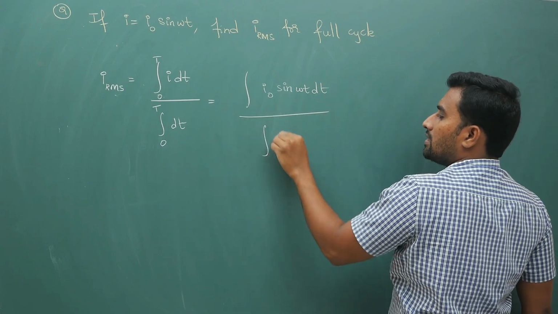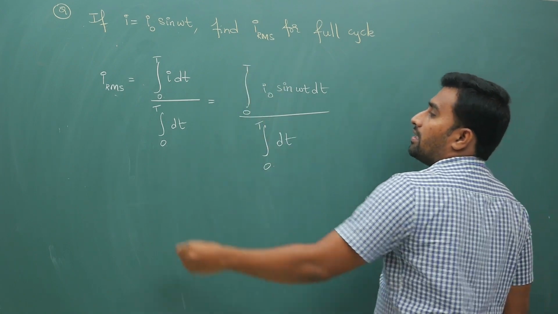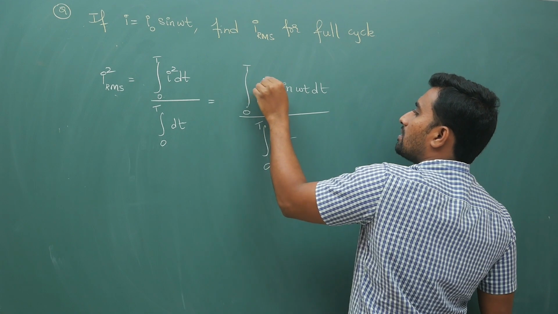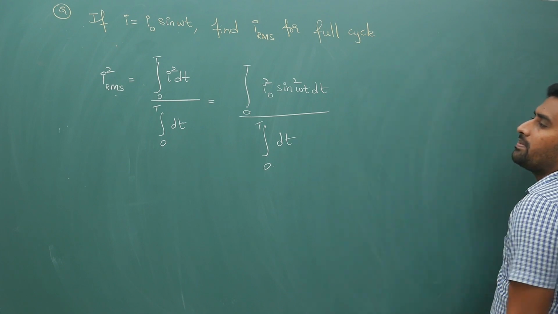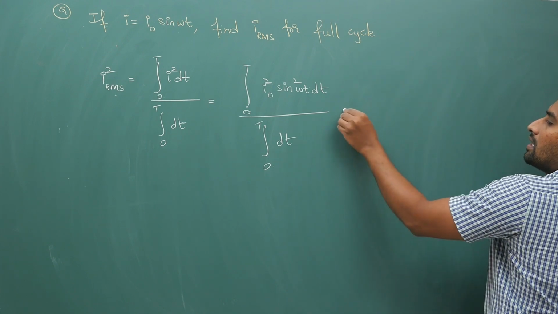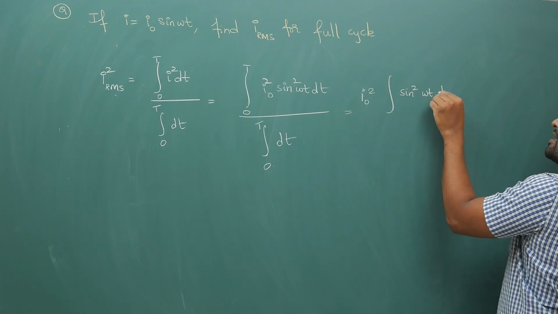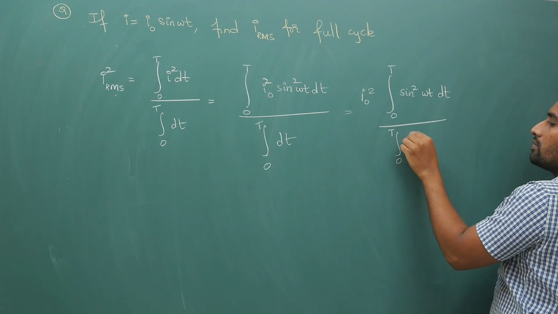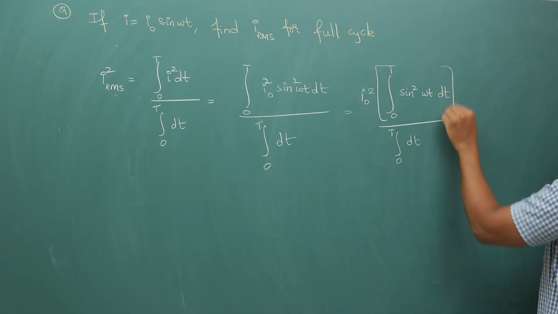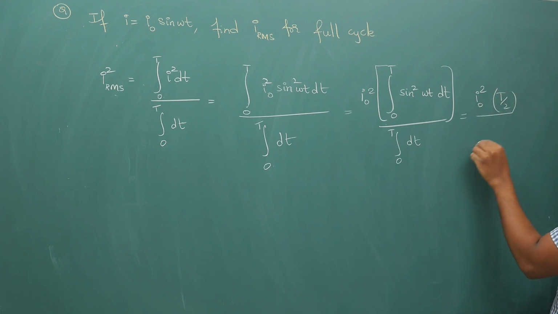Sorry, I RMS square is I naught square times the integral of sin square omega t dt from 0 to T, whole divided by the integral of dt from 0 to T. Now this bracket term value is given as T by 2. So I naught square times T by 2, whole divided by the integral of dt, which is T from 0 to T.